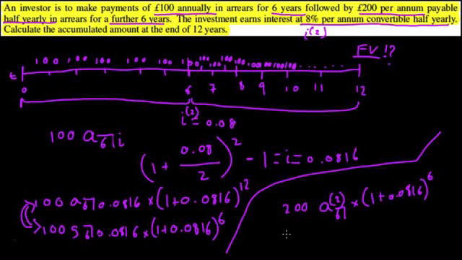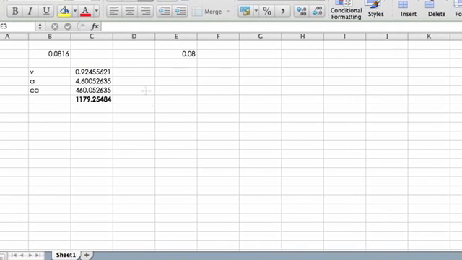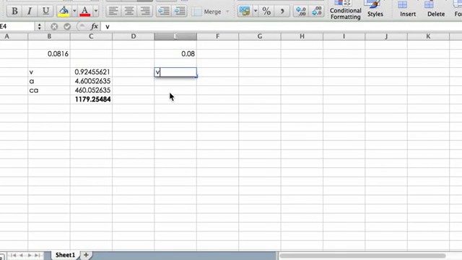So this is kind of the same as writing 200 S2 to the 6, and this one works. So these two are the same. Let's work out what this would be using Excel. So V is the same, so we can just say it equals that one.